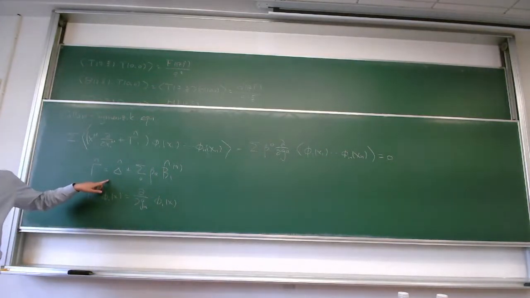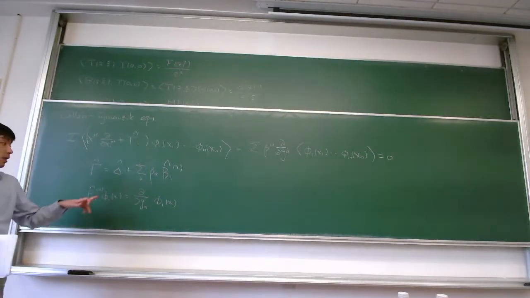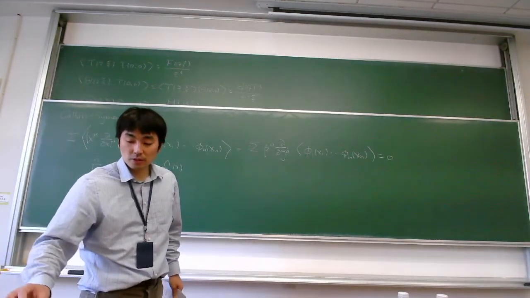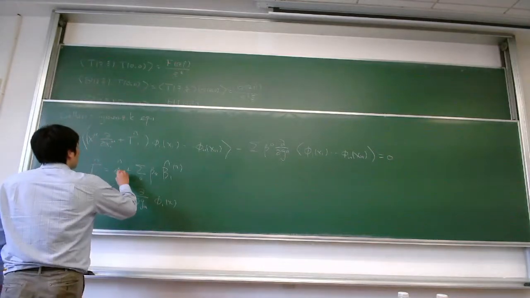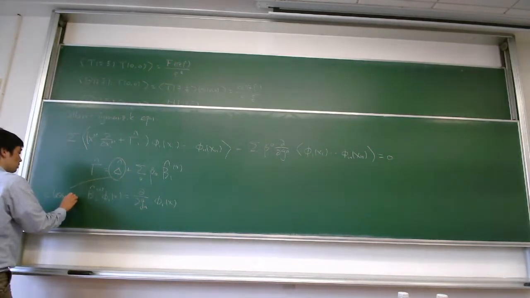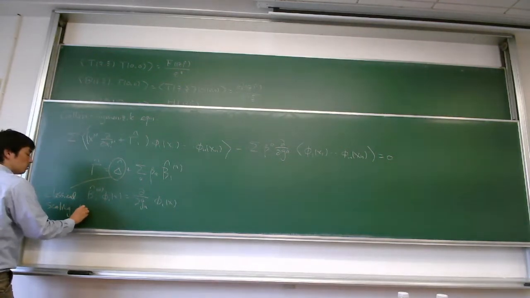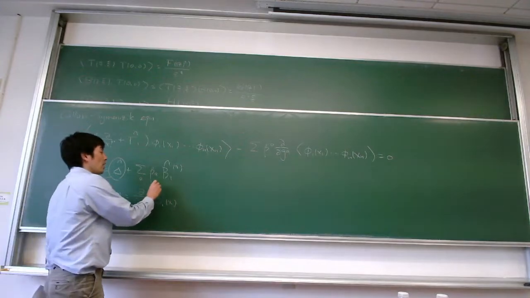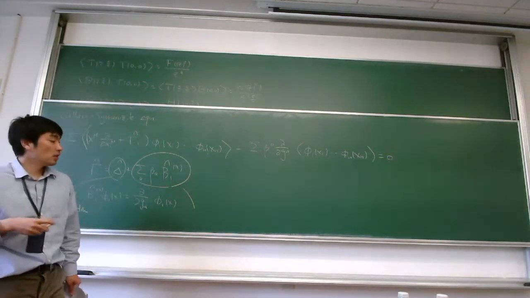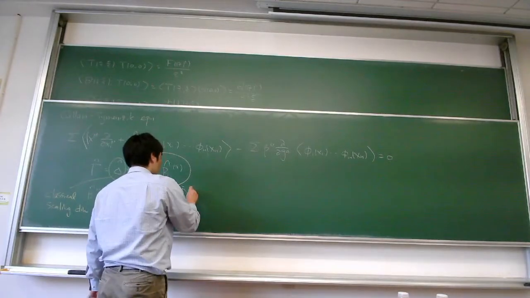And this is called the anomalous dimension because delta measures the classical dimension, the scalar dimension. And this guy, of course, involves the beta function. If beta is not zero, this will measure quantum correction.